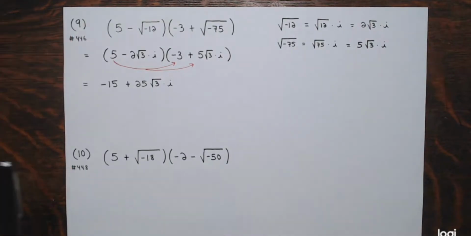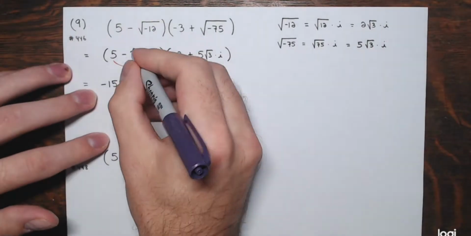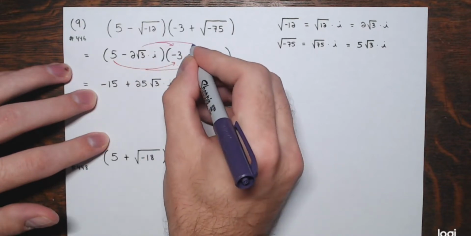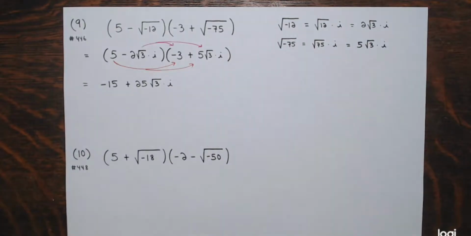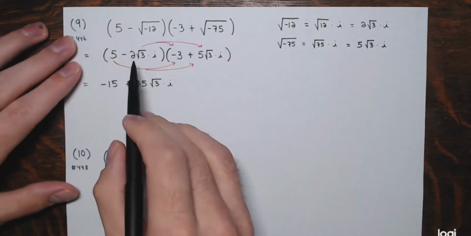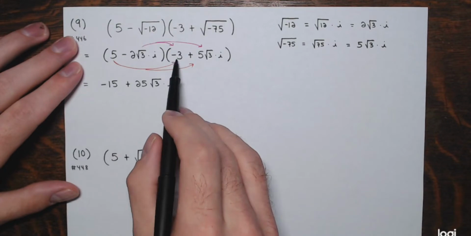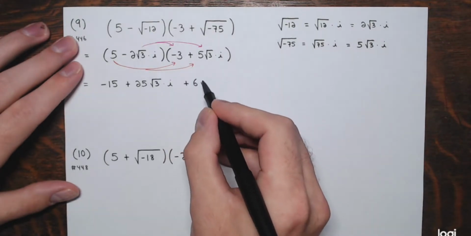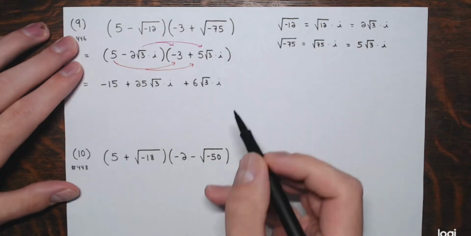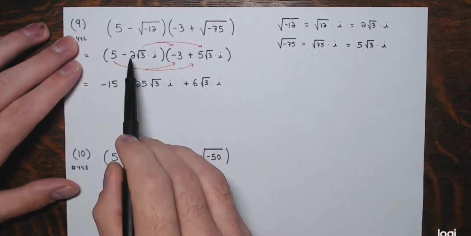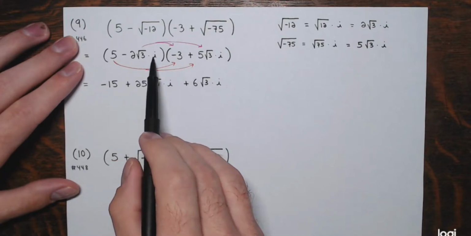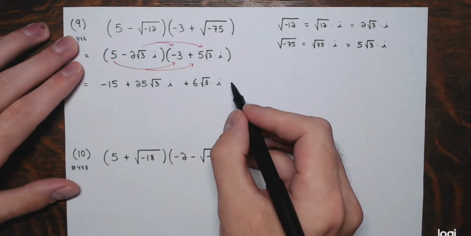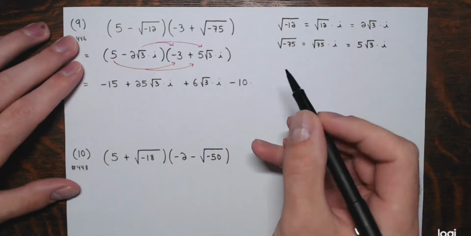Now I'm done with the 5, and I move over now to this negative 2 times the square root of 3 times I. I'm distributing that. All right, so negative 2 times the square root of 3 times I times negative 3 would be positive 6 times the square root of 3 times I. And then negative 2 times the square root of 3 times I times 5 times the square root of 3 times I. Well, negative 2 times 5 is negative 10 times square root of 3 times square root of 3.